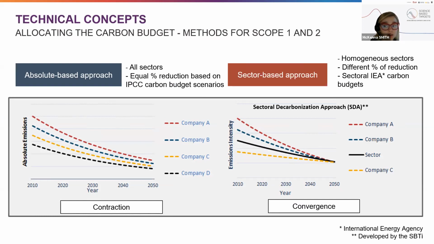This graph is particularly good for showing that if you are in a sector which falls into the SDA options that we already have, and you've been doing, let's say, a really great job and you've made some great reductions in the last couple of years, you might not have to reduce as much as a company who is lagging behind in regards to sustainability. For example, let's say you were company C on the right-hand graph there.